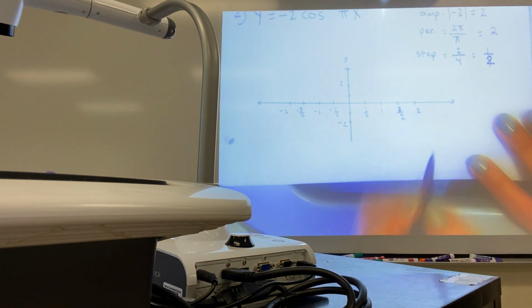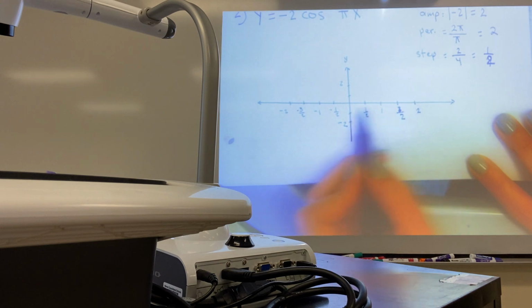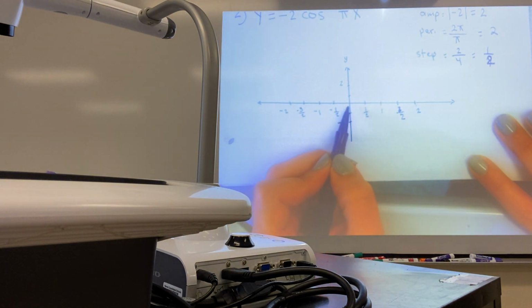So it's like we're adding 1/2 each time. And on the left side, this will be -1/2, -1, -3 over 2, and -2. See, this is one period from 0 to 2, and here is the other period from -2 to 0.